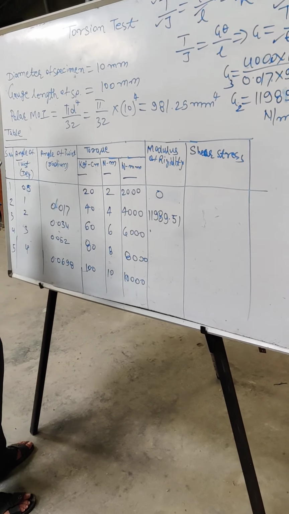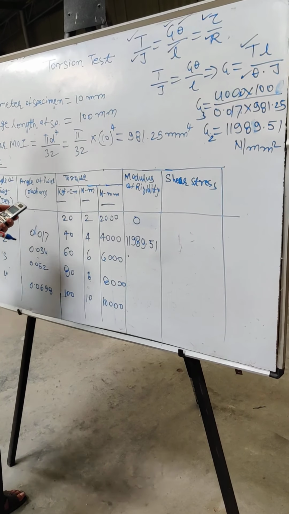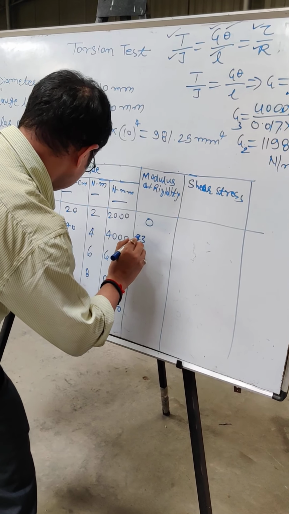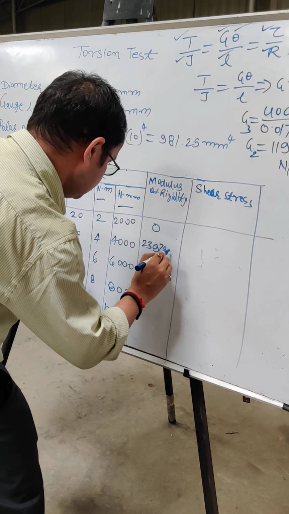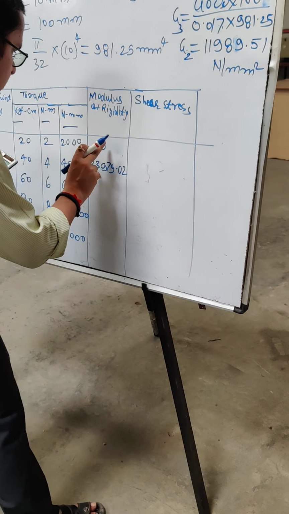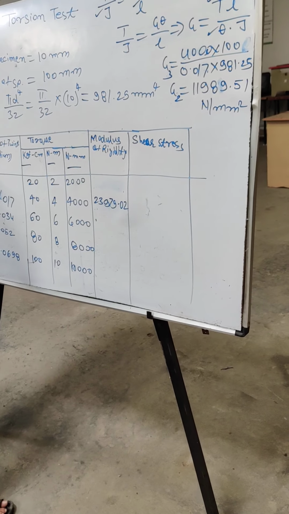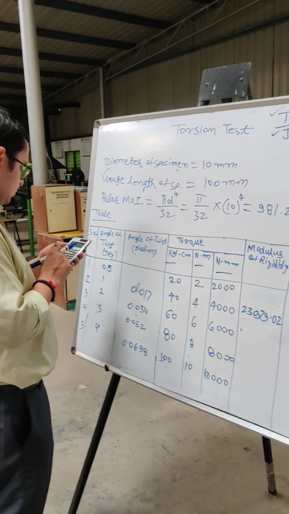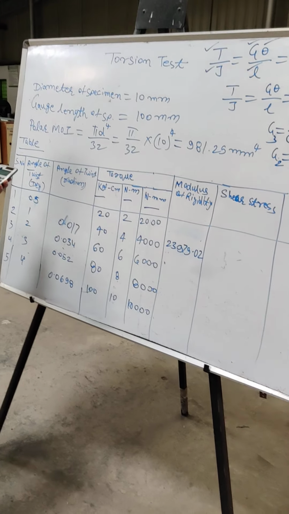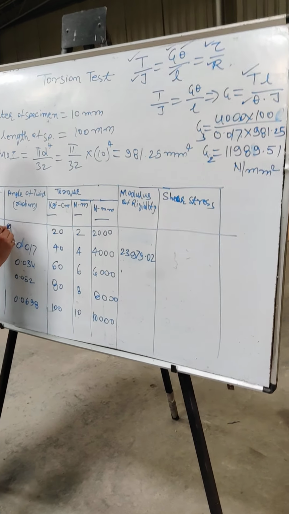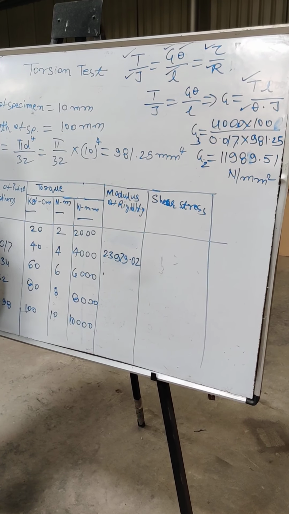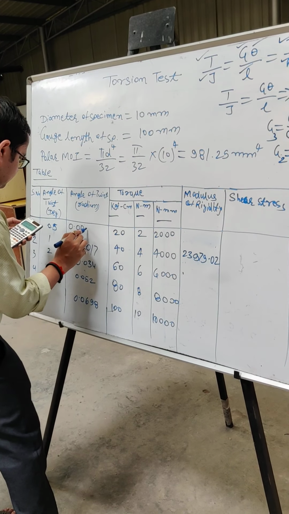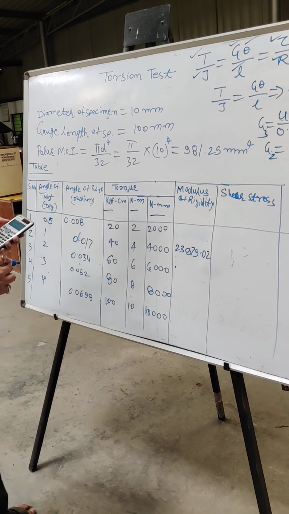Okay. So for 4000, the value is 23979.02, and for 0.5 into 5 divided by 180, that is 0.008.